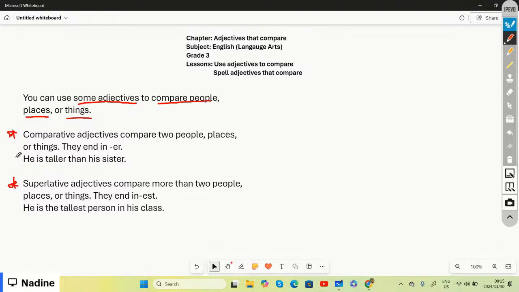We're comparing two people, two places, or two things, and with comparing two, the adjectives end in ER.